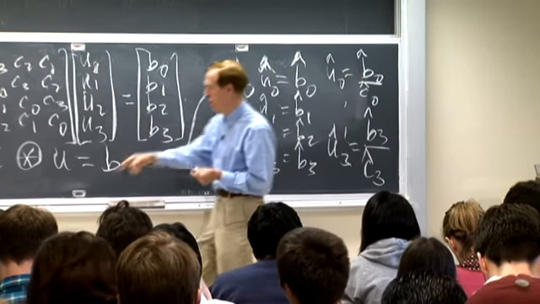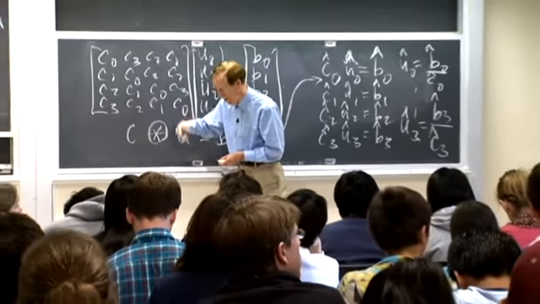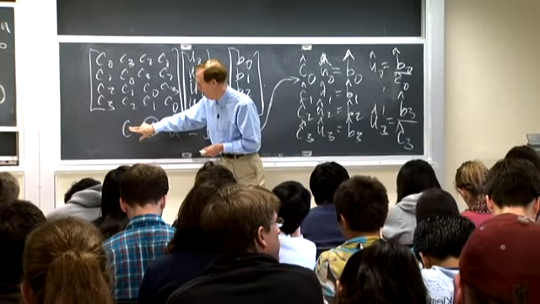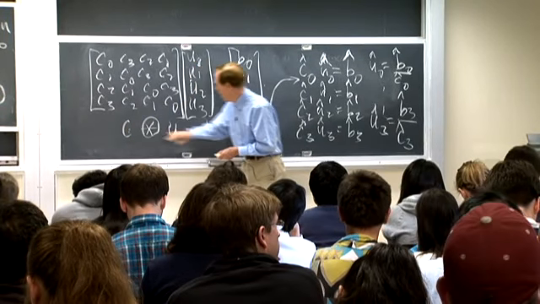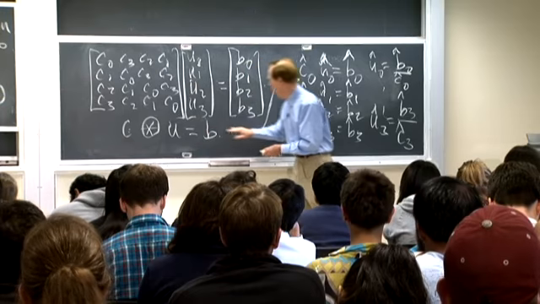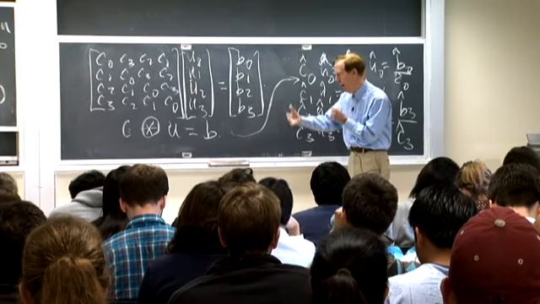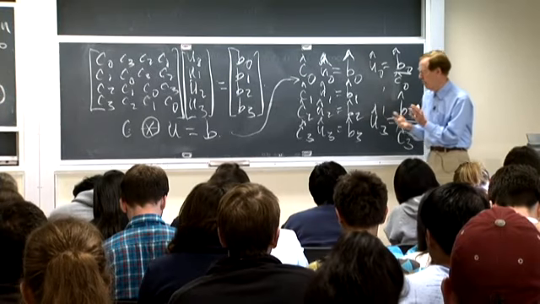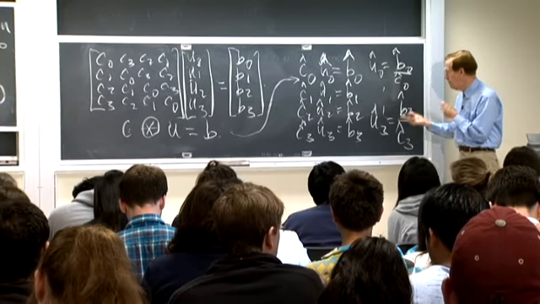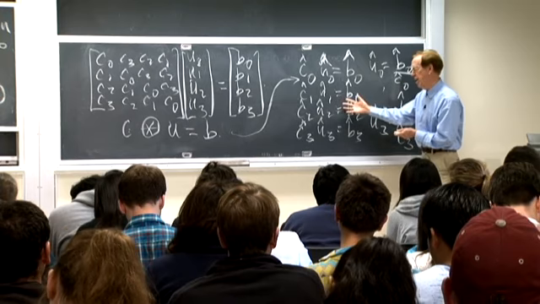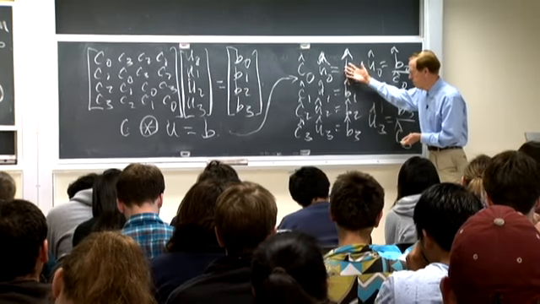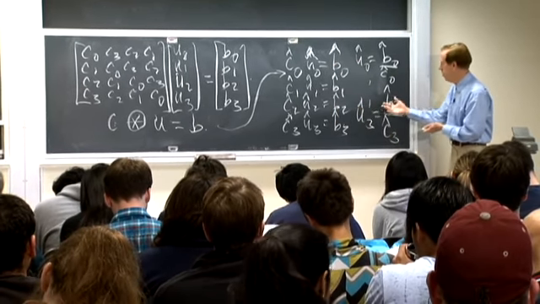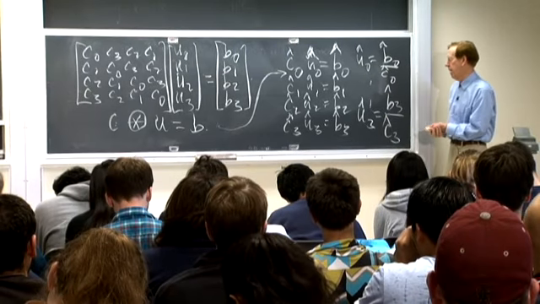I had to use the Fourier matrix or the inverse Fourier matrix to go from C to C hat, from B to B hat. So everything got Fourier transformed. But the object was to make the equation easy. And of course, now we've got 4 trivial equations that we just solved that way.